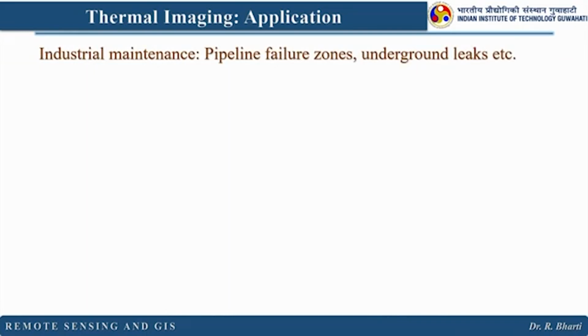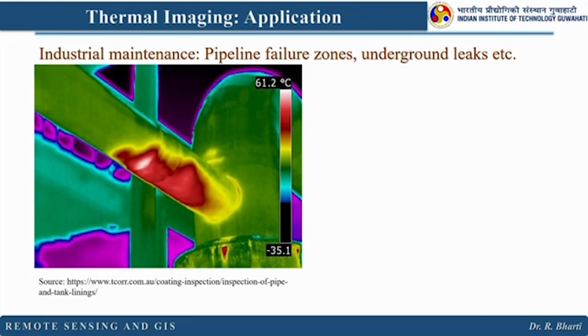The next one is industrial maintenance. Here is one example of a pipeline failure zone. Suppose you have a petroleum pipeline and you want to find out the vulnerable zones where it is likely to fail or leak. If you take thermal images, you can easily find where it is likely to fail.